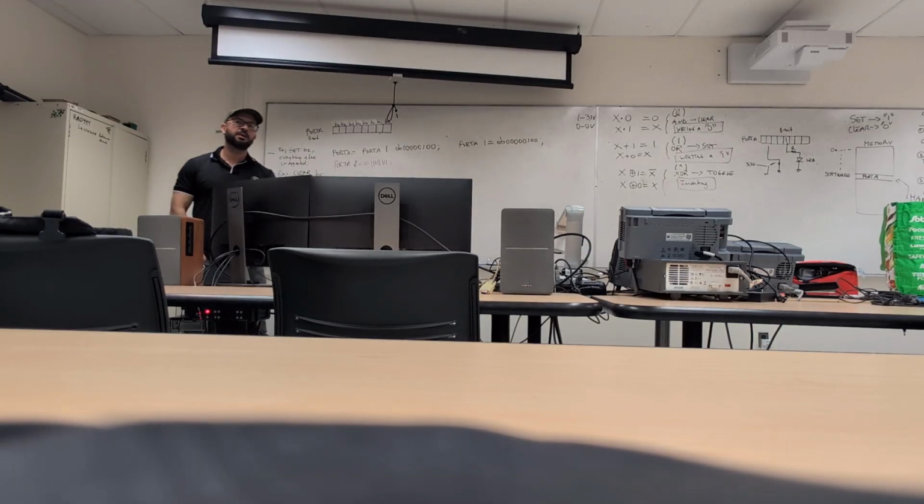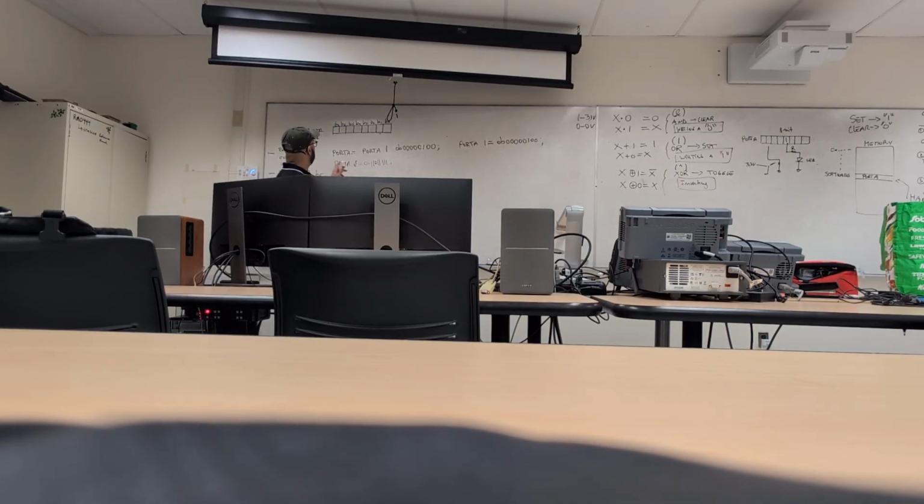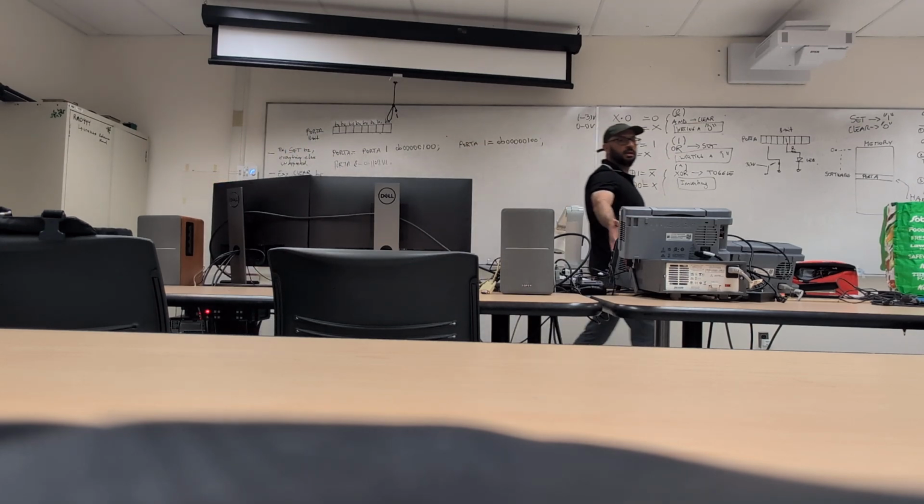Okay, perfect. Now here's a tricky question. If you want to clear, which one is clear? This one. If you want to clear this bit, and it's already cleared, nothing is going to change. It's going to remain clear.